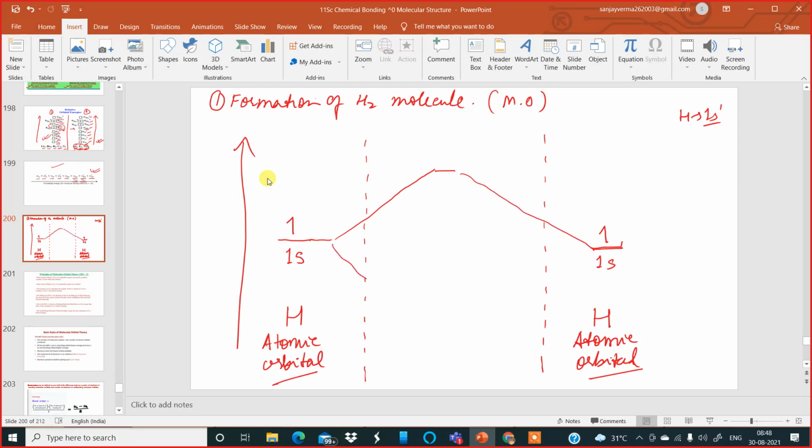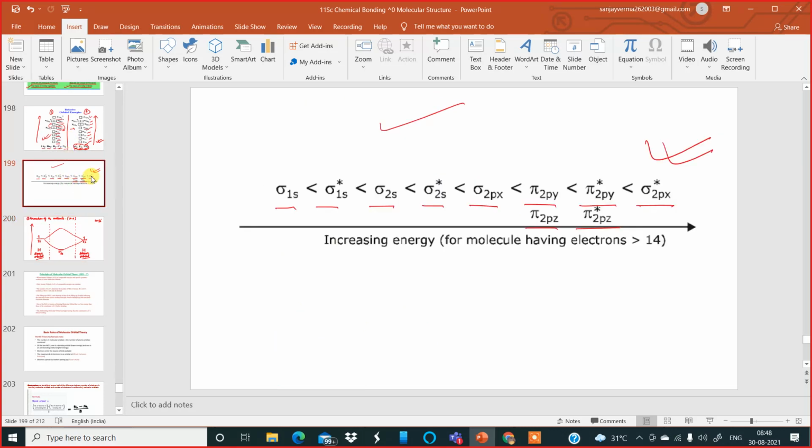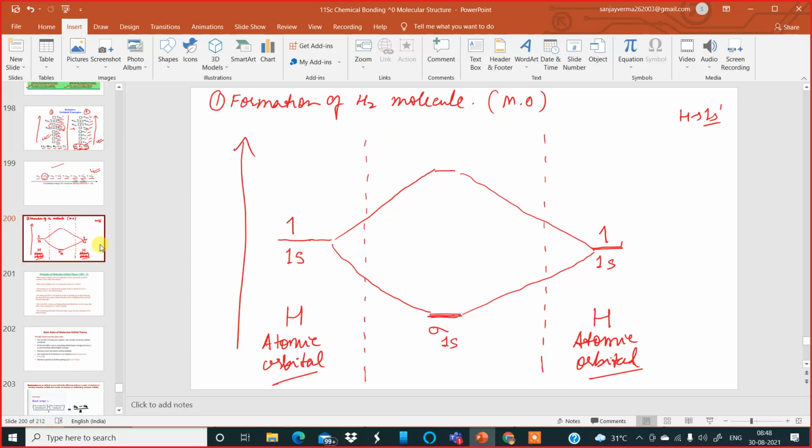This lower one is a bonding molecular orbital, so I will name this sigma 1s, and the higher than that is sigma star 1s.